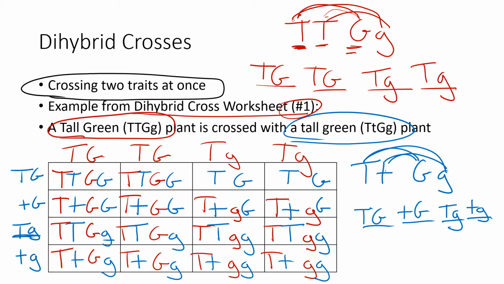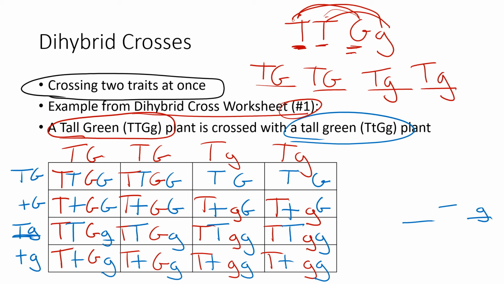So what this shows us, and I'm going to erase our FOIL methods over here, but don't forget how to distribute these variables, is that some of our individuals are going to be tall and green. Some of our individuals could be tall and yellow.